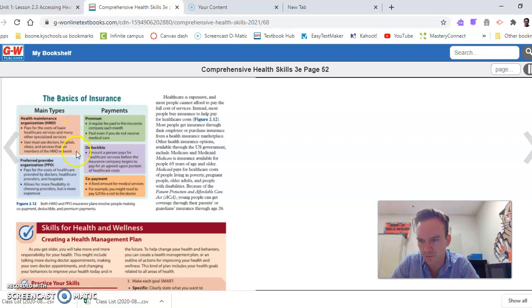Here's the deal, okay? See this word, network? Network provider is an important term when it comes to health insurance. Let's say you have Anthem, which is probably the biggest health insurance company in the United States. Anthem Blue Cross, it's what I have.